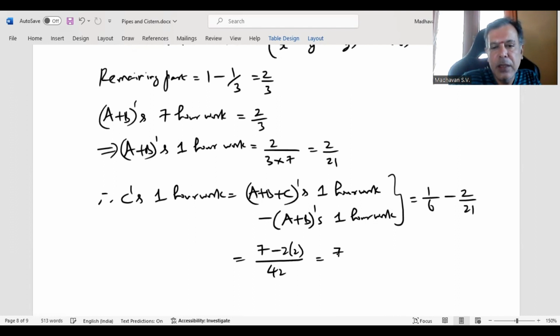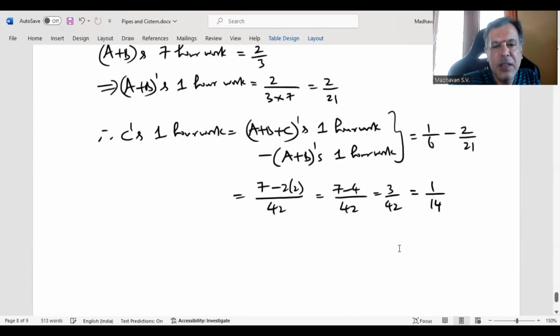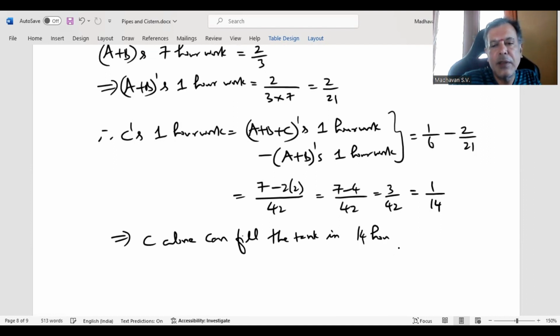That means 7 minus 4 by 42, which is 3 by 42. That will give us 1 by 14, which means that C alone can fill the tank in 14 hours. That will be the solution for this.